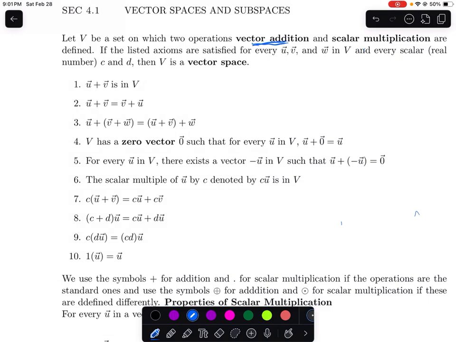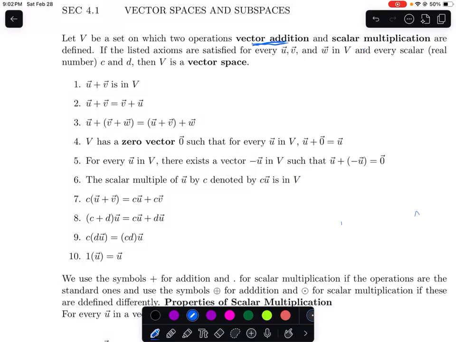It could be that the first two are being satisfied, the third is not satisfied, so we will stop there and say that the set is not a vector space. If 5 of them are being satisfied and the 6th is not, again we will stop there. If 9 of them are being satisfied and the 10th is not, we have to show all that and then show that the 10th is not.